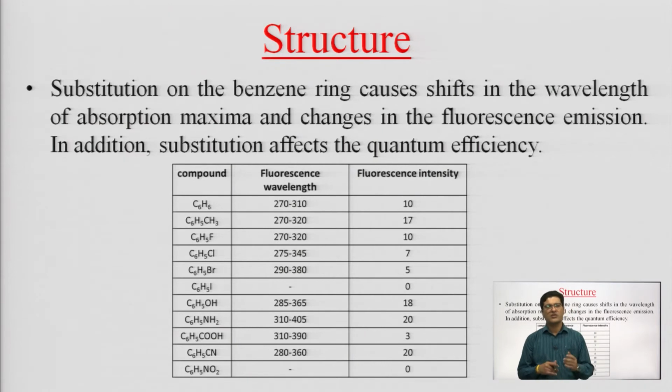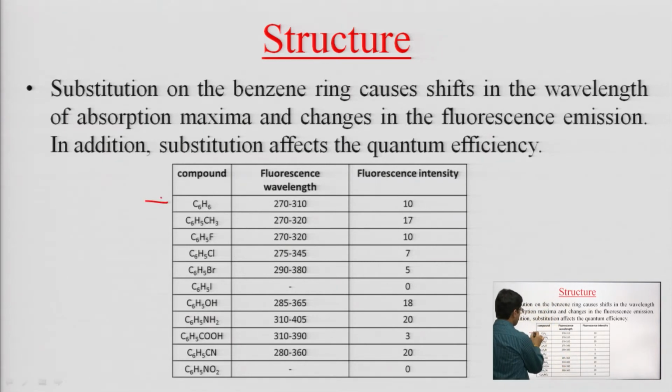Now, when we substitute the aromatic rings, this may cause a shift in the wavelength of the absorption maxima, and it can change the fluorescence emission also. In addition, substitution affects the quantum efficiency. In this table, we have first an unsubstituted benzene ring that has a fluorescence intensity of 10.